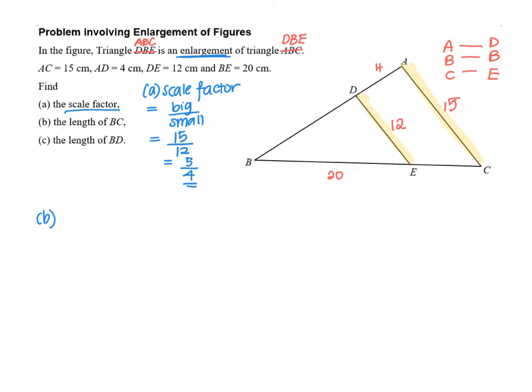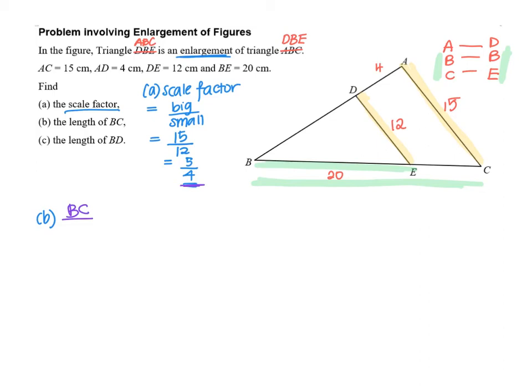Part B, find the length of BC. How do we find the length of BC? Now we know that BC belongs to the big triangle. The corresponding side will be BE. Following our scale factor, taking the big over the small is 5/4. So the corresponding side BC is the length for the big, which corresponds to BE.